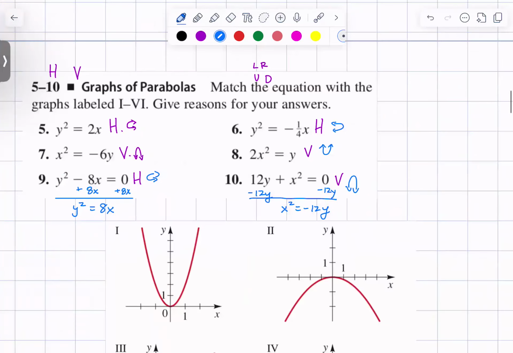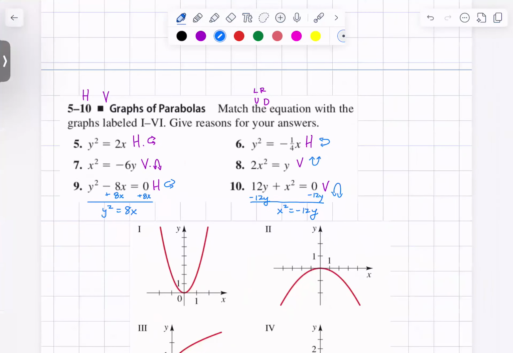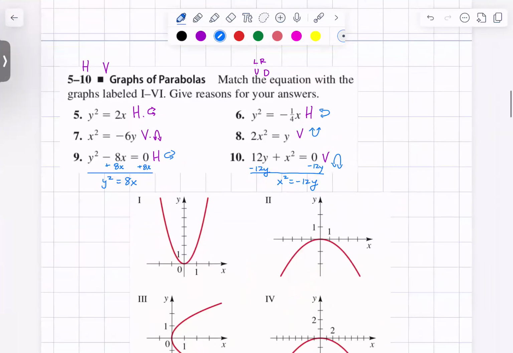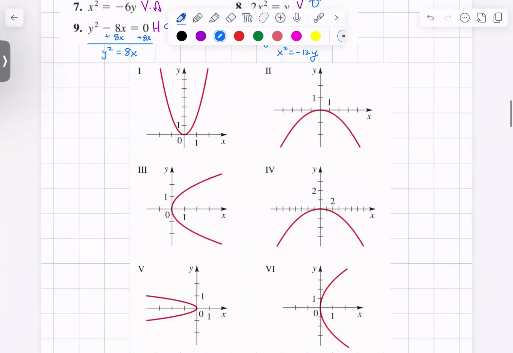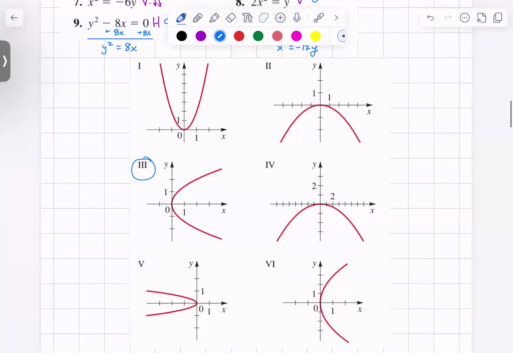So let's look for number 5. We're looking for a horizontal that opens up to the right. So it's either 3 or 6, right? Correct?